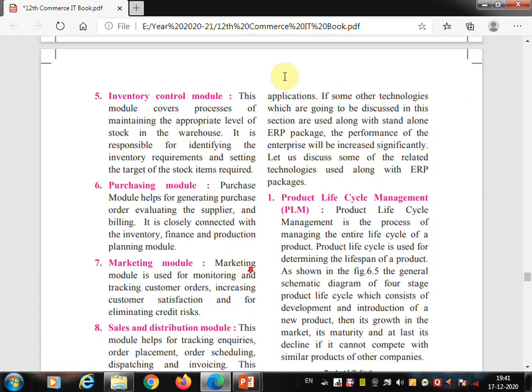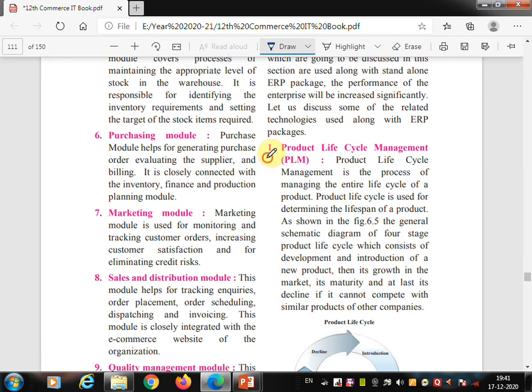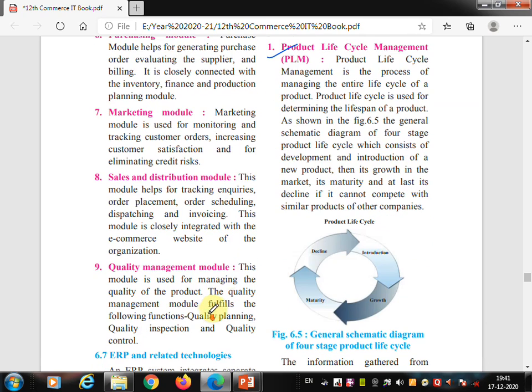In that, the first one we are going to discuss is product life cycle management. Product life cycle management is the process of managing the entire life cycle of a product. The product life cycle is used for determining the lifespan of a product, as shown in figure 6.5.